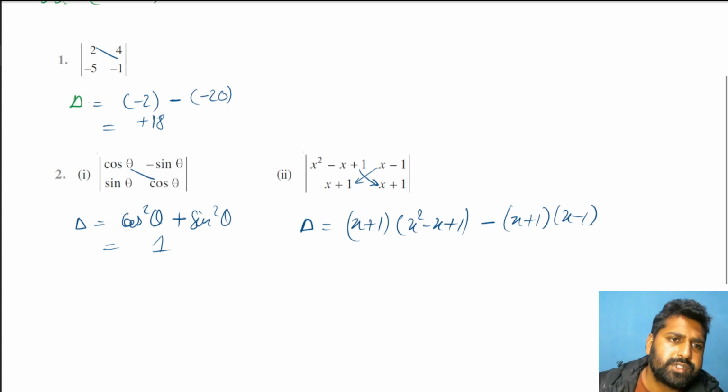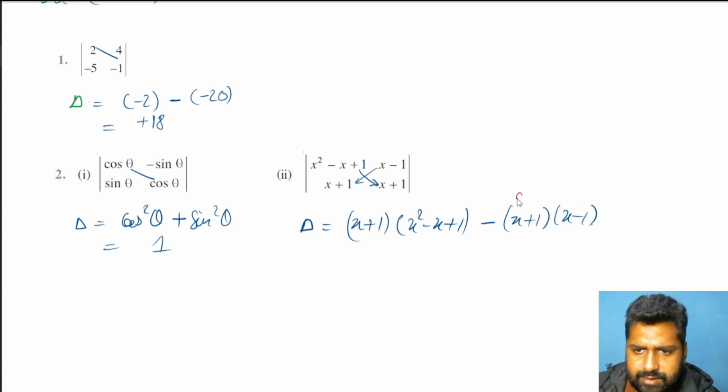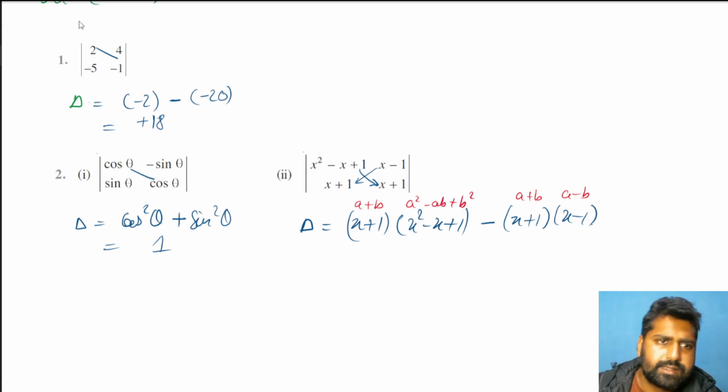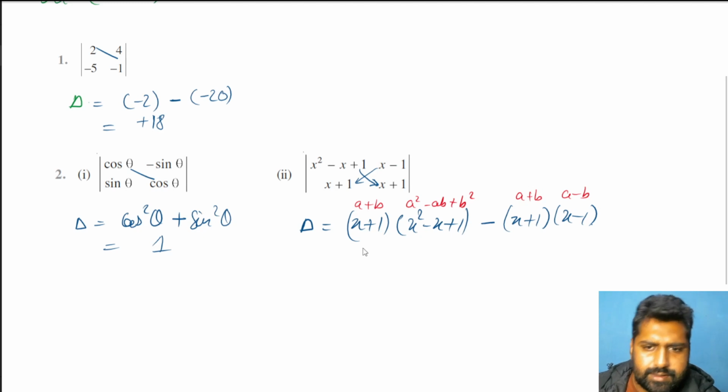The second expression you can easily identify. This is a plus b, a minus b. And what is happening here is a plus b, a square minus ab plus b square. If you see this, you know which property this is. This is a cube plus b cube. So x cube plus 1.